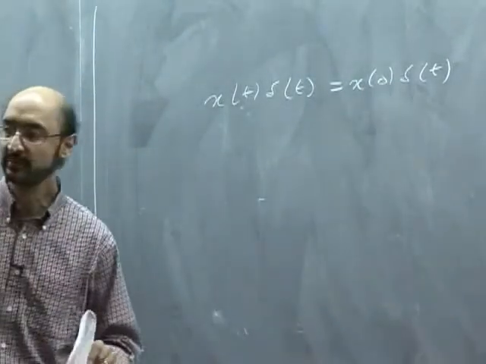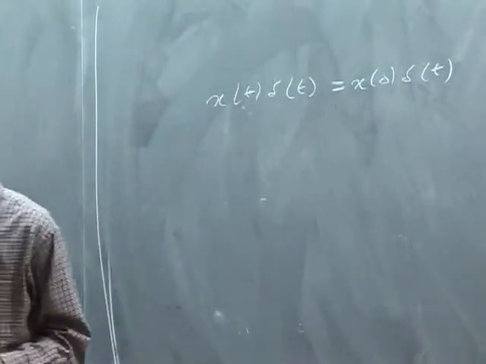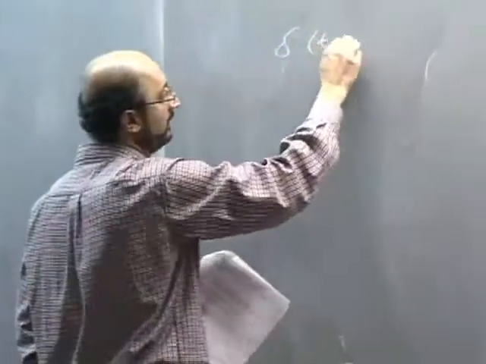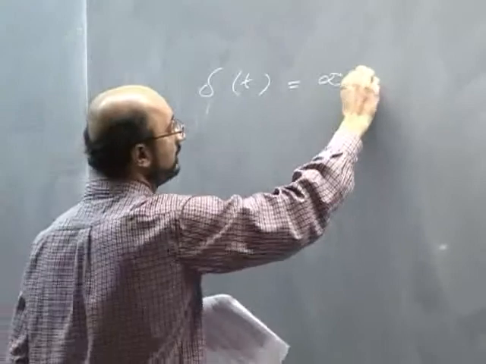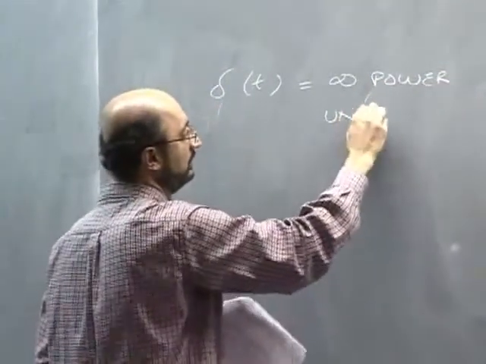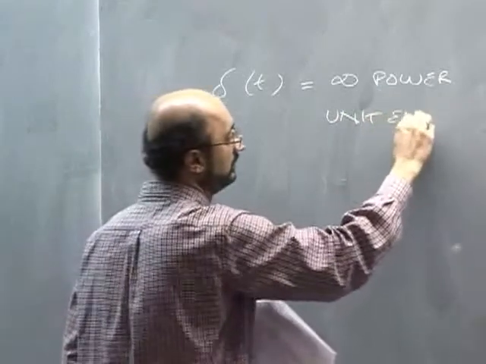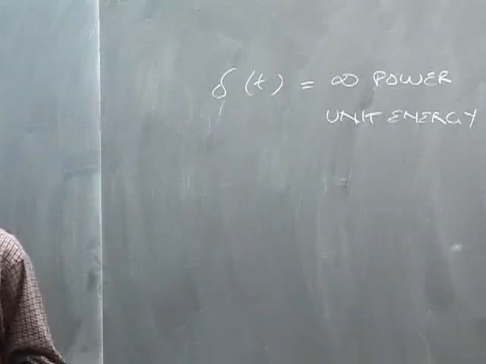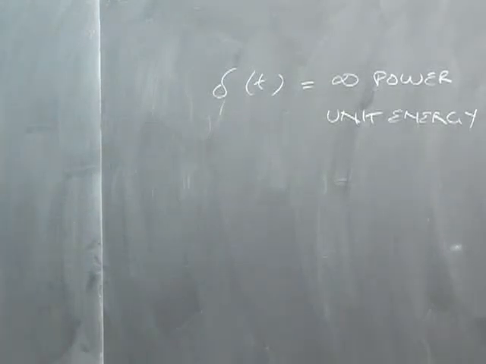And to be more precise, delta t has infinite power and unit energy. That's the easiest way to think about it. What I mean by infinite power is that the spike goes up to infinite. That's the meaning of power.